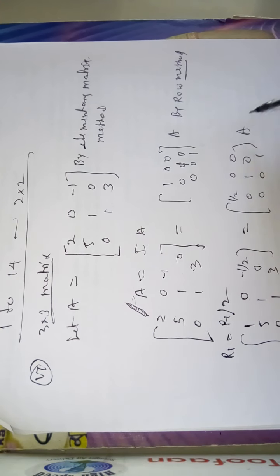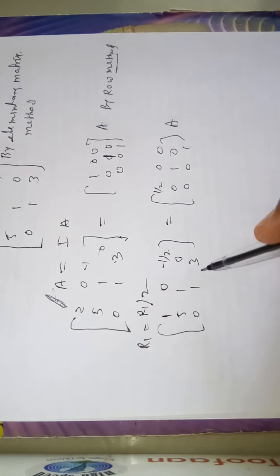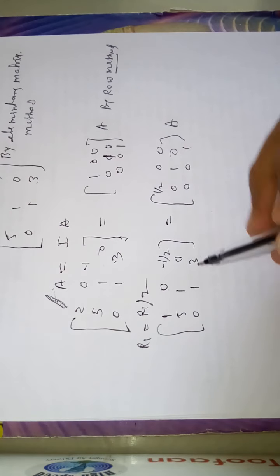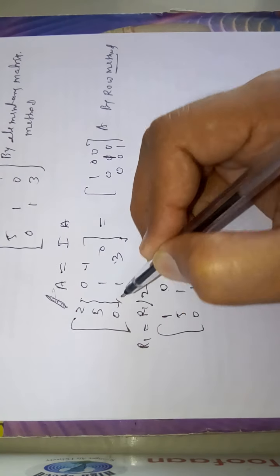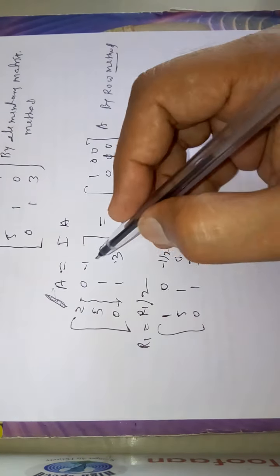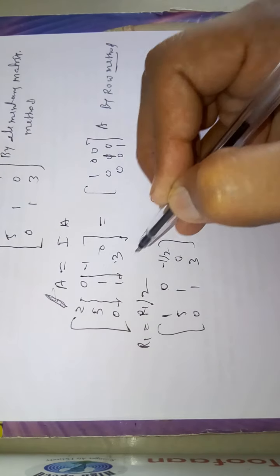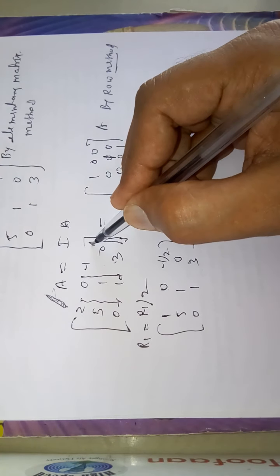This is A. Clear? Next, in the row method, the first column is changed top to bottom, the second column top to bottom, and the last bottom to top.